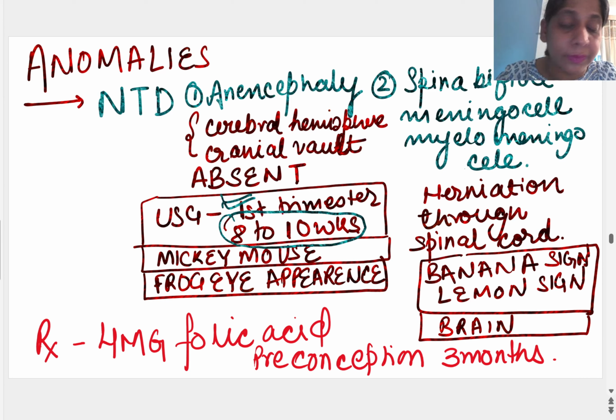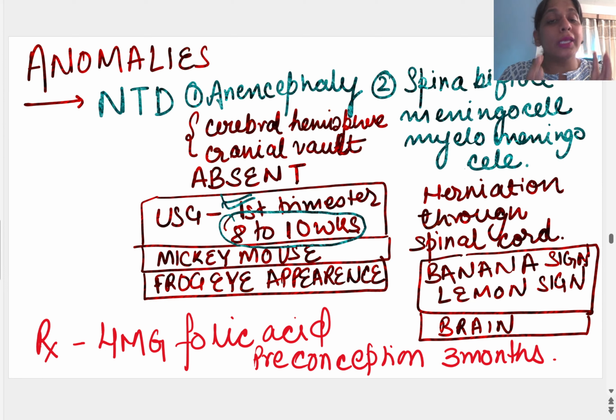This question comes because, imagine if my skull bone is not there, my eyes will look big, and this is known as Mickey Mouse or frog eye appearance. What is there in Mickey Mouse? The eyes are big, right? We all drew it in our childhood.